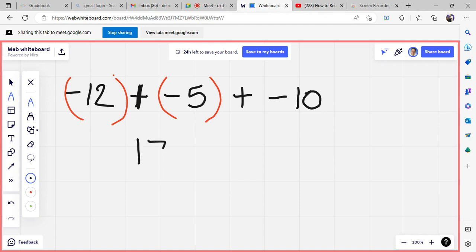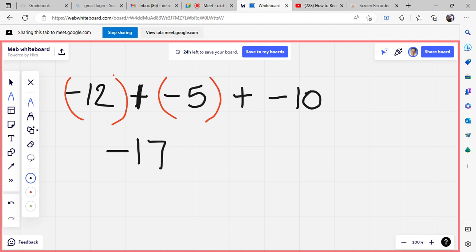So let's write the number 17 and let's put a negative in front of it because the rule says a negative plus another negative will give you a negative. In other words, you owe 12 and you go back again and you owe another 5. You have not paid anything, you owe 12 and you owe 5. And when we put the 12 and the 5 together, we get 17. So you're still owing 17.